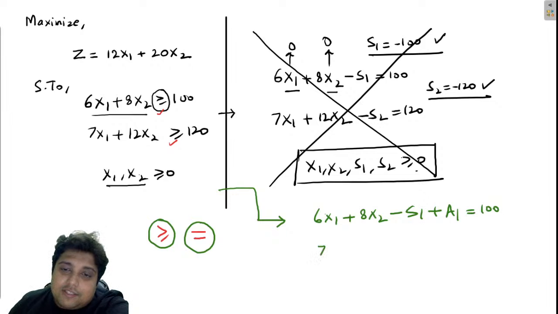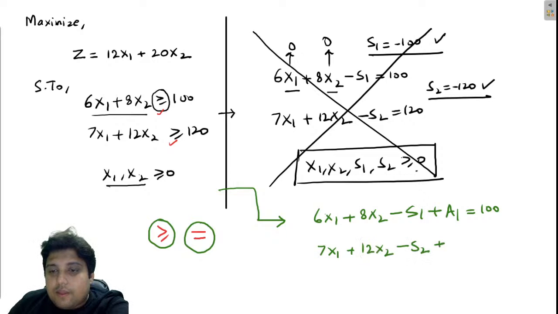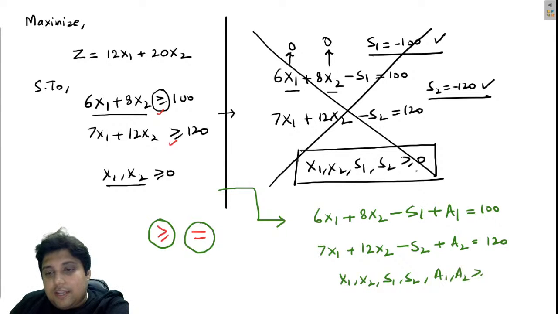Then 7x1 plus 12x2 minus s2 plus a2 is equal to 120, and x1, x2, s1, s2, a1, a2 all greater than equal to 0.